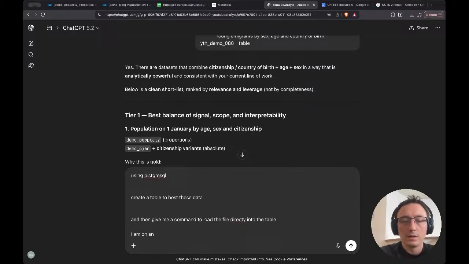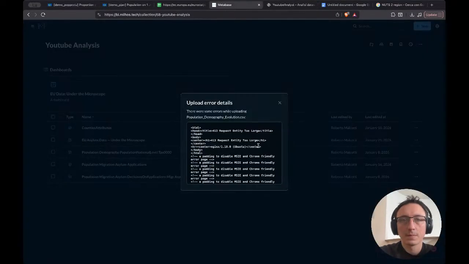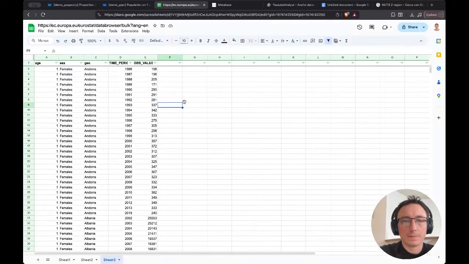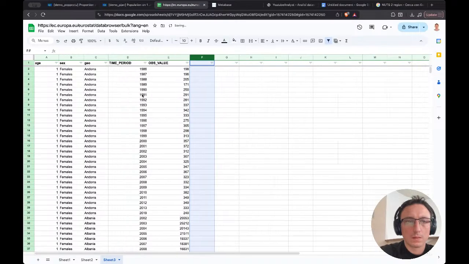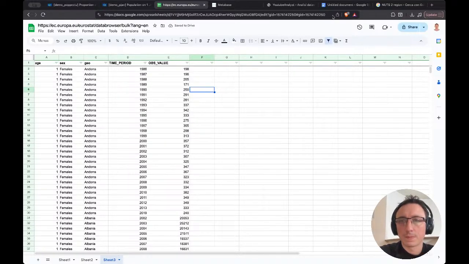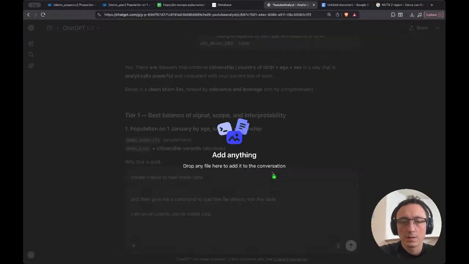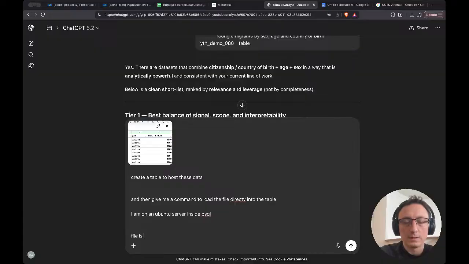I am on an Ubuntu server inside PSQL. The file is here.